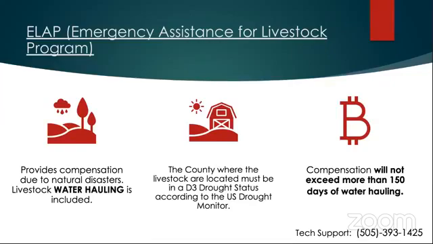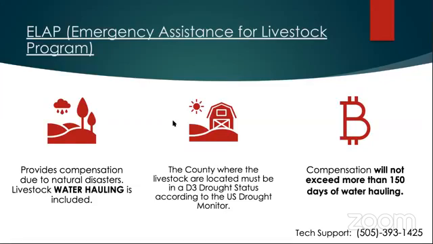Biggest thing is the county where your livestock are located must hit a D3 drought status according to the U.S. Drought Monitor. The other thing is we max out at 150 days of water hauling. So that's the most compensation that we can provide to everybody.